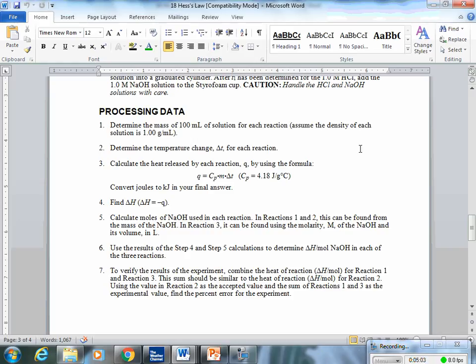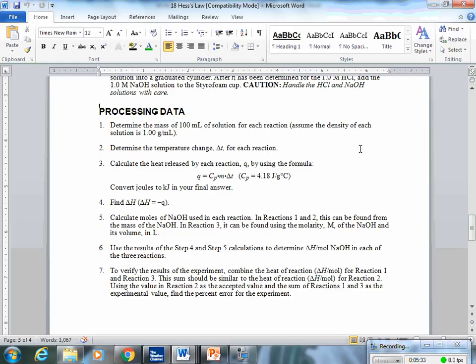Now let's talk a little bit about the assumptions that we are making with this lab, okay? The very first assumption is that the specific heat capacity, the C sub P, for the various aqueous solutions is assumed to be the same as water. So we're taking the C sub P for these solutions to be that of water, which is 4.18 joules per gram degrees Celsius.